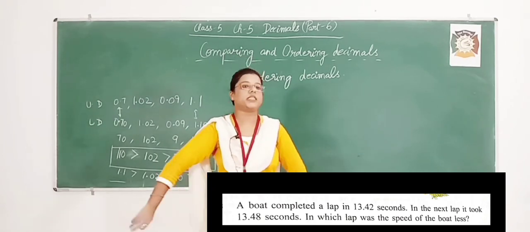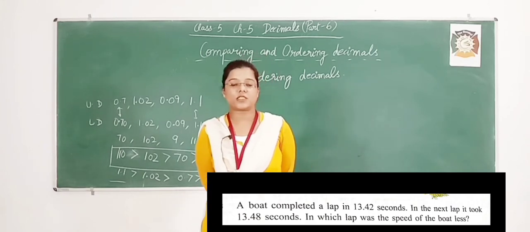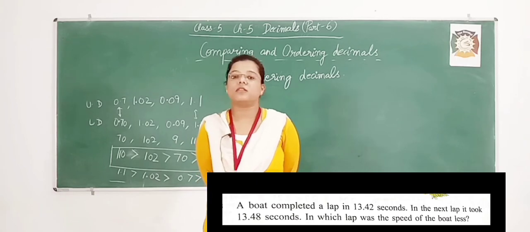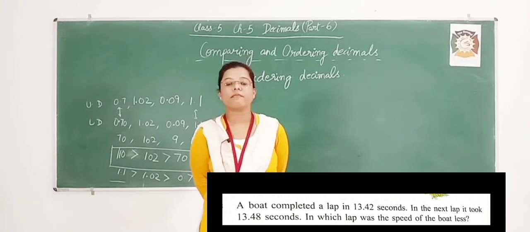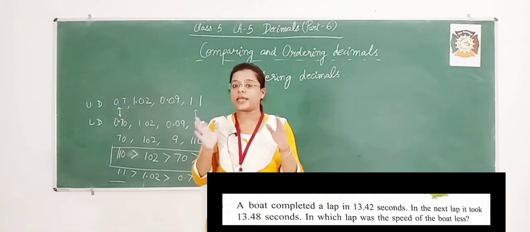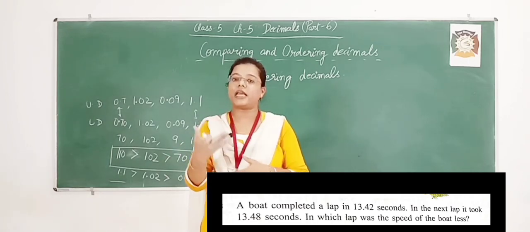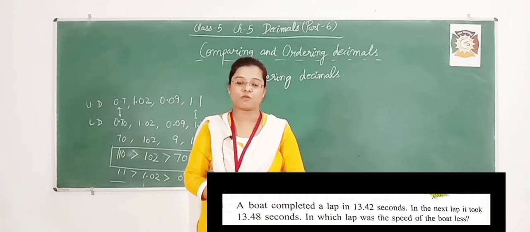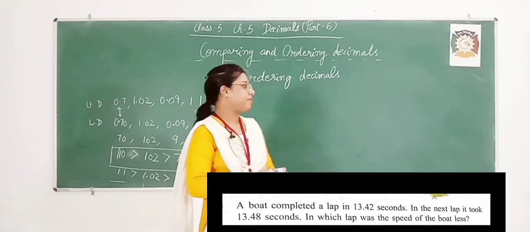You can tell me easily, if the boat takes more time, that means to cover the same distance the boat has taken more time, that means in that lap the speed of the boat was less, right? Yes or no? So you will compare the given times, and with the help of that you will tell in which lap the speed of the boat was lesser. Okay, so let me do this example for you.